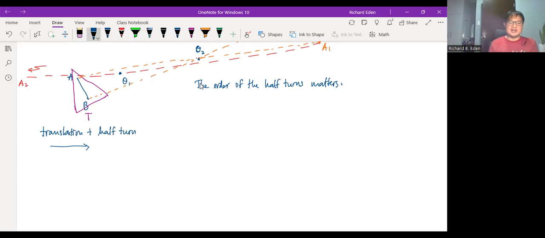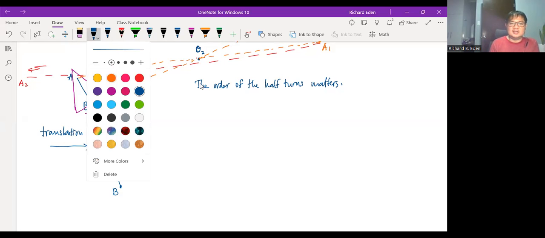Okay, and then we have vector A, B. Points A and B, and then if we're gonna do a translation, tatas ng O1, let's say it's somewhere here.